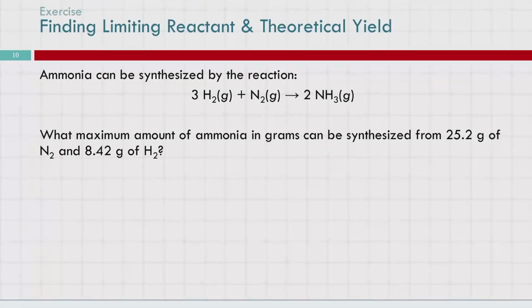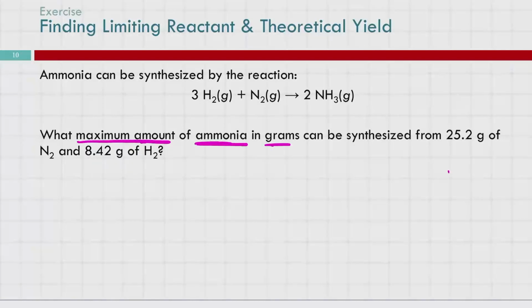Here's one for you to try. What maximum amount of ammonia in grams, it specifies, can be synthesized from given amounts of N2 and H2? And I balanced it correctly here. Okay, we are looking for the maximum amount of ammonia in units of grams.